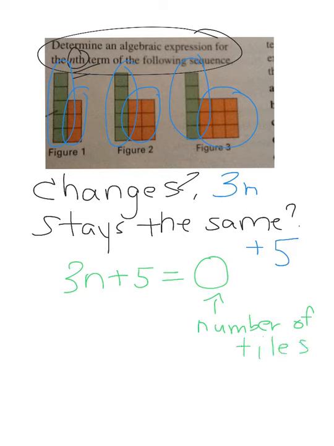Okay, so these are the kinds of notes that you're going to want to take for this video. If you have to go back and watch it again, please do that, because it's going to make your life so much easier in this particular chapter if you know what stays the same is what gets added to the equation. What changes is 3n or 4n or something times n. And on the other side of the equation, after the equal sign, always is the number of total tiles in the figure, okay?